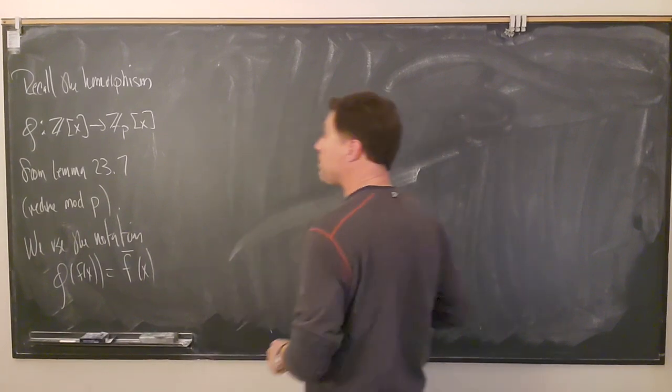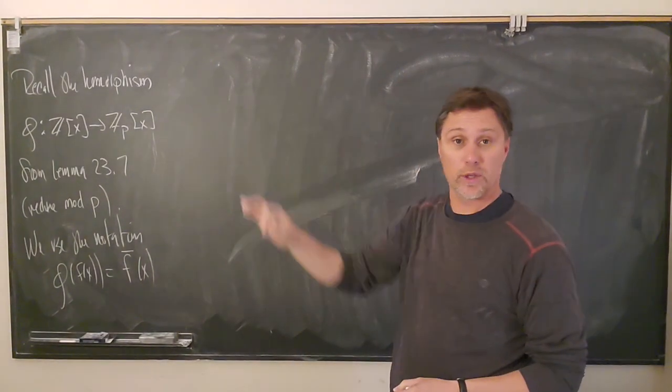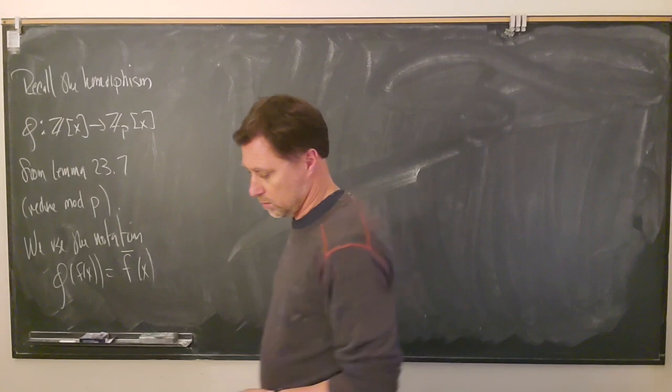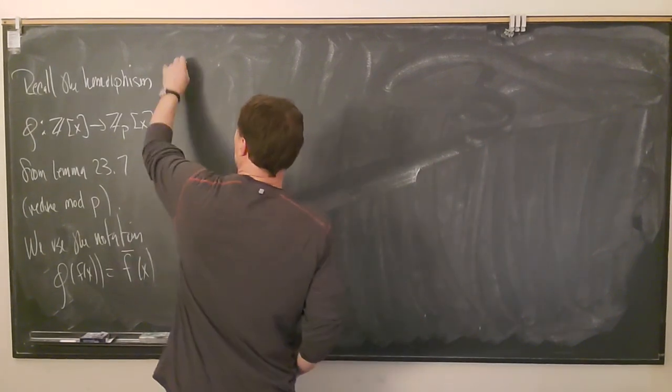So remember, that bar notation means that we've reduced each of the coefficients. And so in this next theorem, we're going to use that notation.